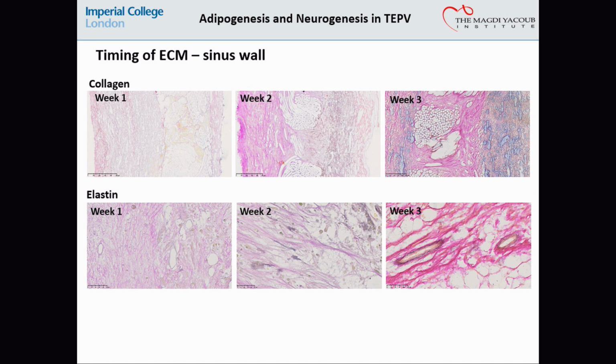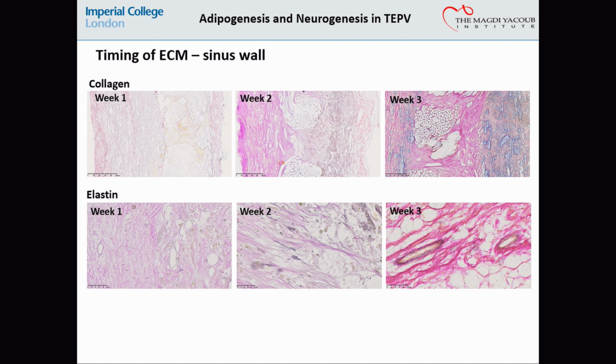We've also looked at the expression of the extracellular matrix over time. When we look at collagen, it's weakly expressed at week 1, and then you can see the increase at week 2, and more so at week 3. Particularly, you can see it's localized around the knitted support structure.